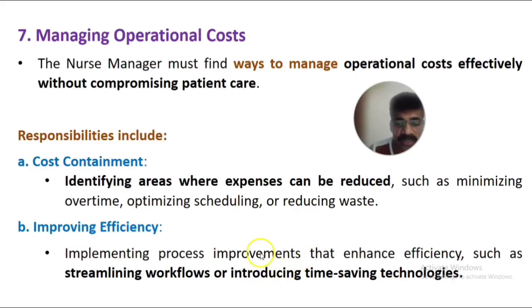So implementing process improvements that enhance the skill and efficiency of the staff, in the field of nursing practice, patient care services or operational functions of the hospital organization. These are the two responsibilities under managing the operational cost of the hospital.